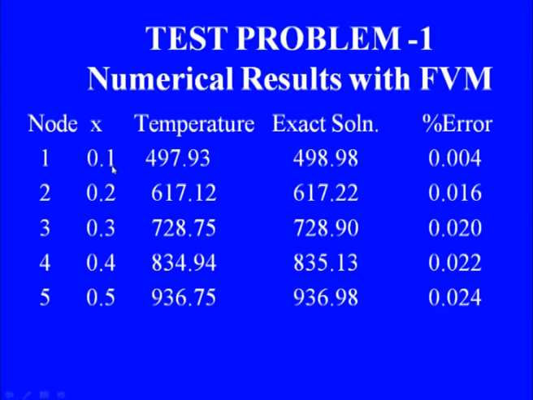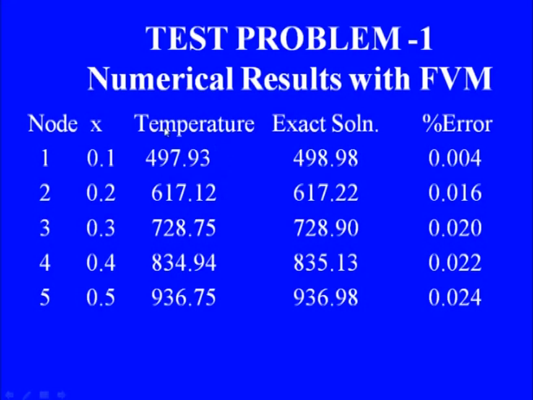this is what you should get. So, numerical results with finite volume method at interior nodes. This is based on the face centered formulation wherein the computational nodes coincide with the boundaries as well. So, we have got the values here at these interior nodes, x equal to 0.1, 0.2, 0.3, 0.4 and the last node 0.5, and there are temperature values in this particular column.